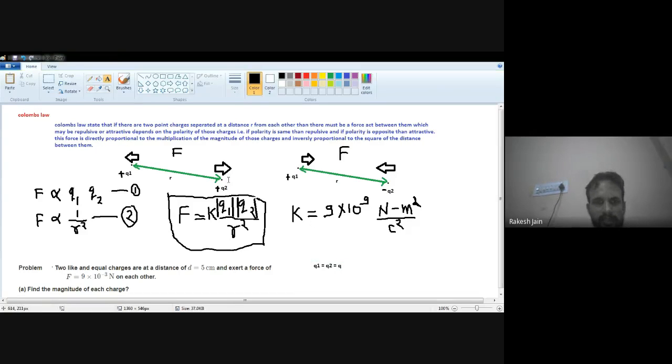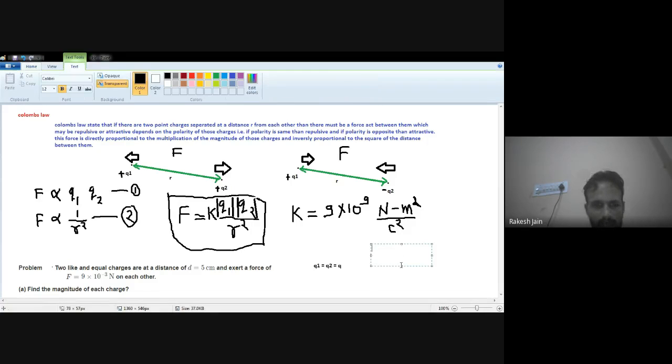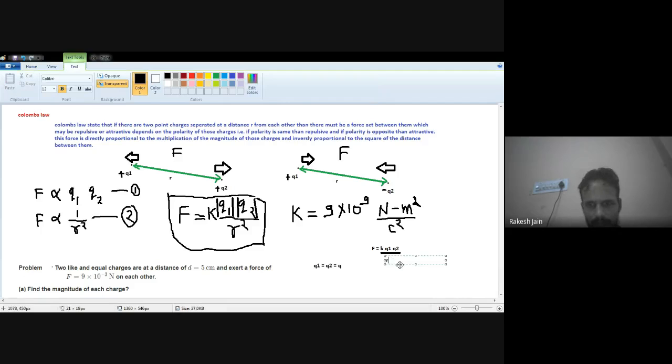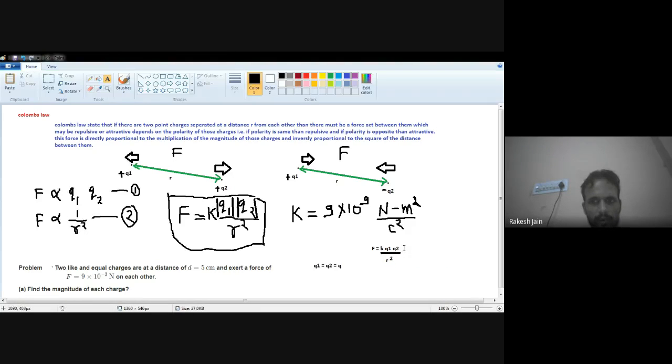In the basic formula, we know that F is equal to K Q1 Q2 divided by R square. But here Q1 and Q2 are both equal.